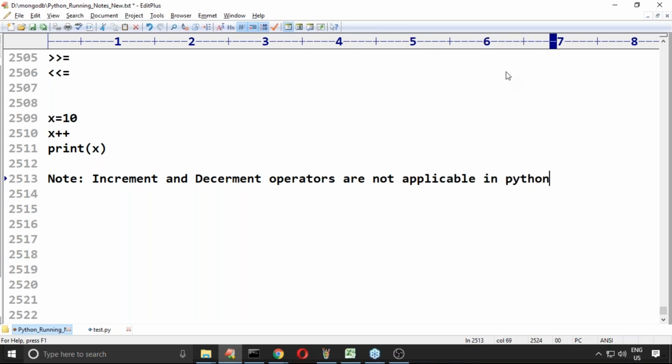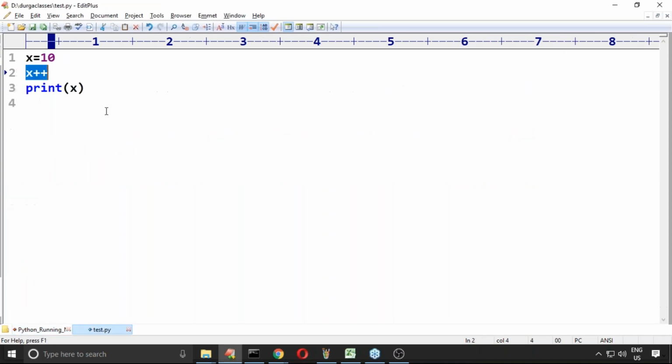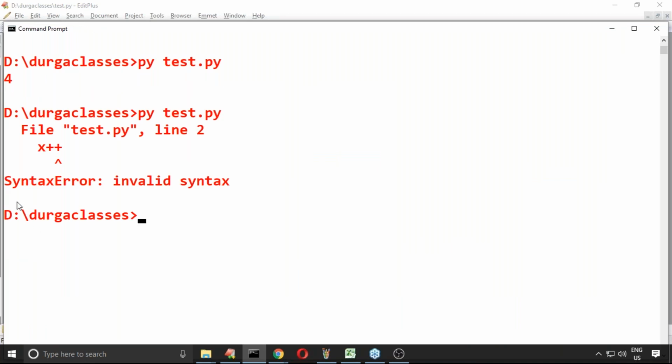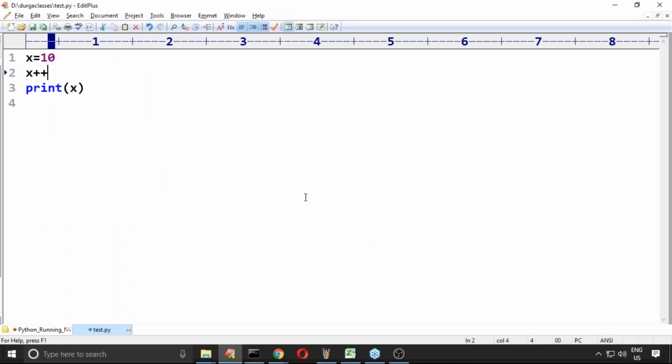Remember carefully, they are not applicable in Python. Remember carefully about this terminology. By mistake, if I try to use them, immediately we are going to get an error, sir. Yes, syntax error, invalid syntax, because you can't use this one.